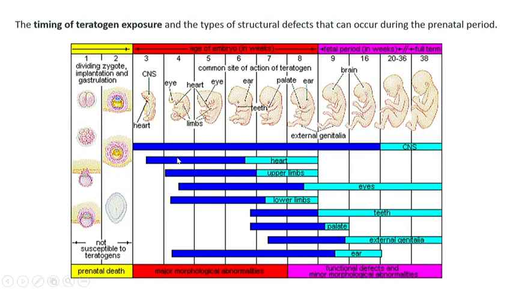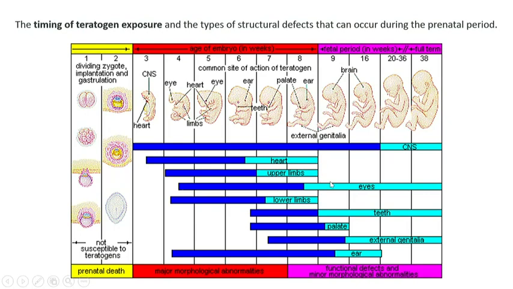The thing to notice here is that the central nervous system can be damaged or become abnormal at any point in prenatal development. It is subject to abnormalities or damage from these teratogens at any point from 2 weeks after conception to full term. But notice the heart essentially stops maturing between 8 and 9 weeks.